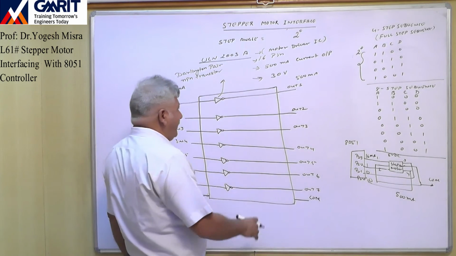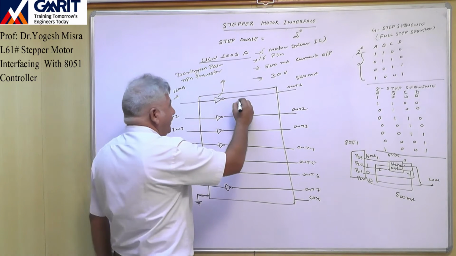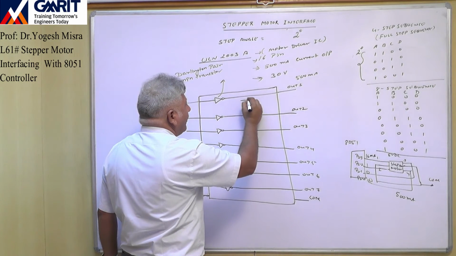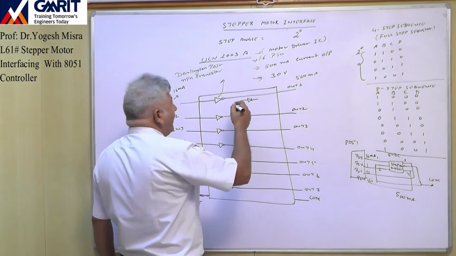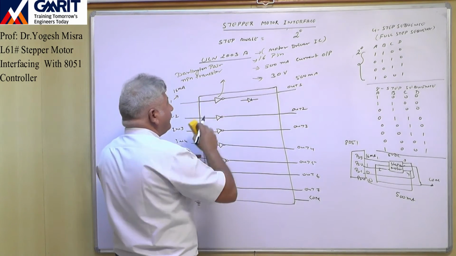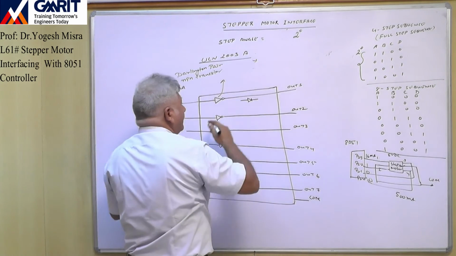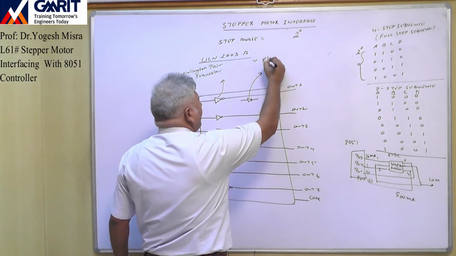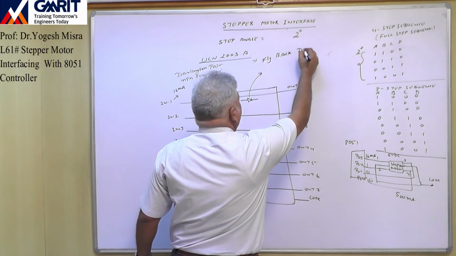And internally, apart from these Darlington pair structures, there is a diode also, right? And this diode is a flyback diode.